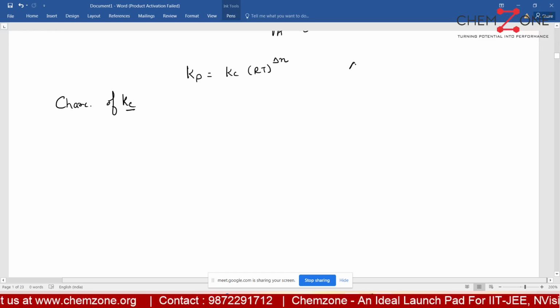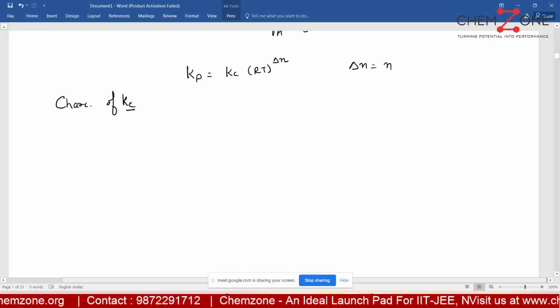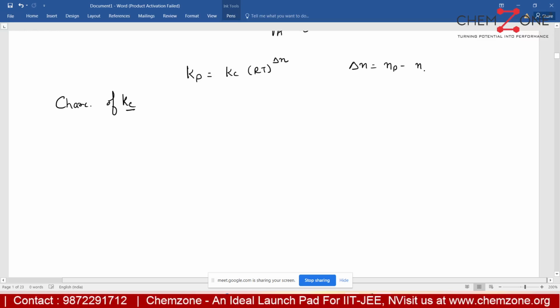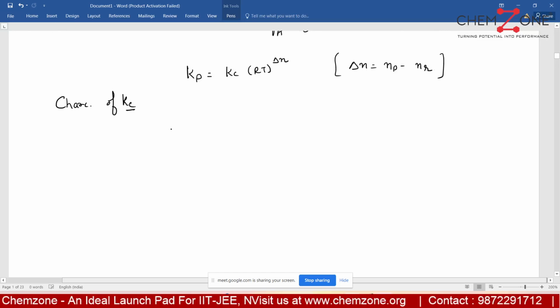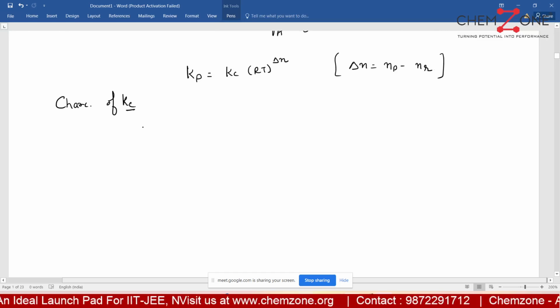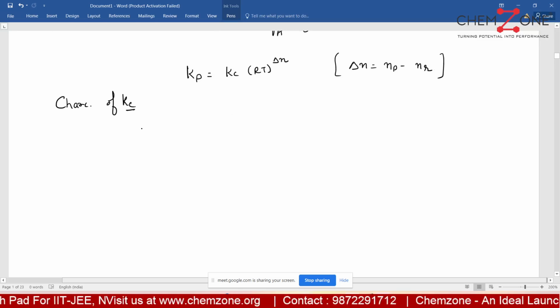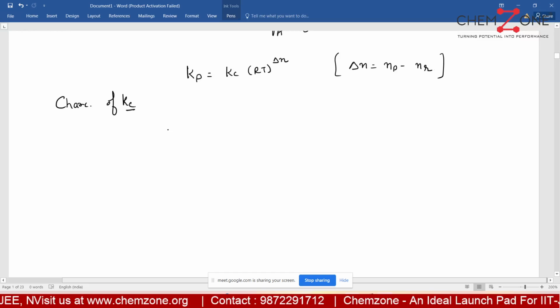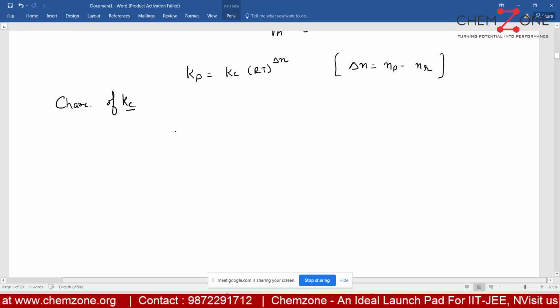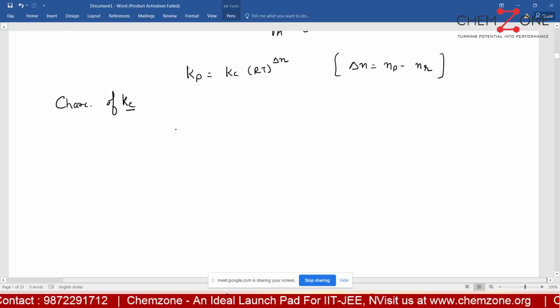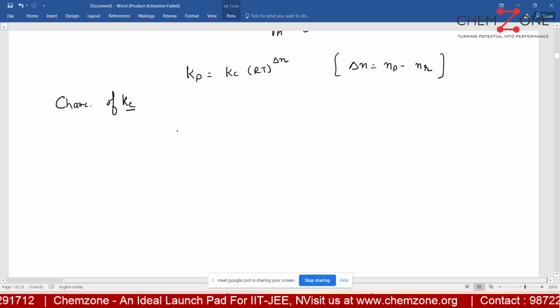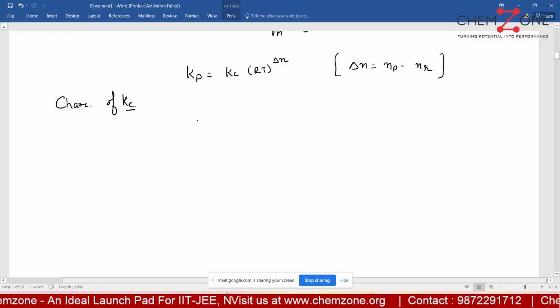Delta n is the change in number of moles: number of moles of the product minus number of moles of the reactant.